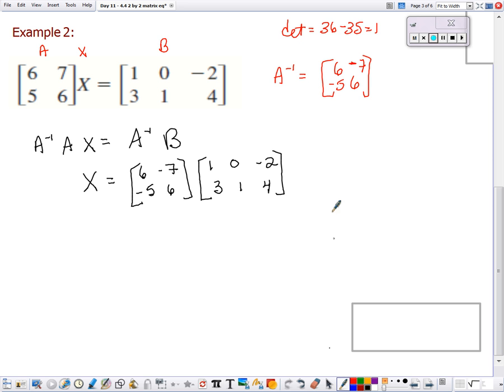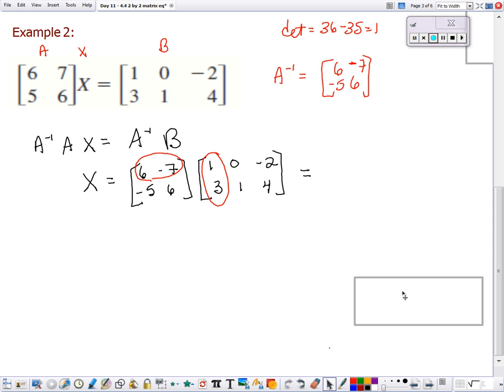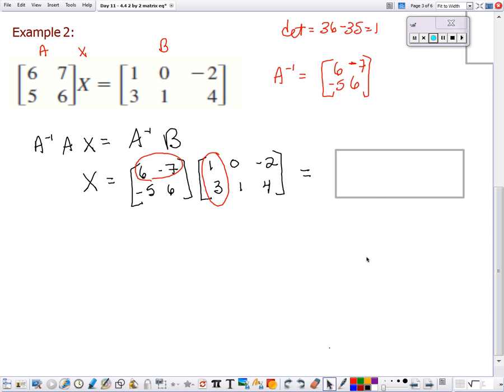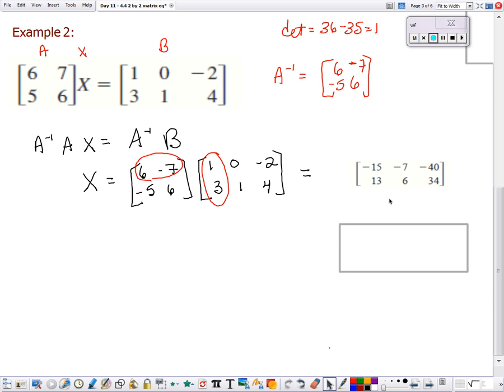Now we need to multiply row by column. So take a minute. We're going to pause the video so you can multiply those together. And your answer should be this matrix. So check to make sure your numbers match.